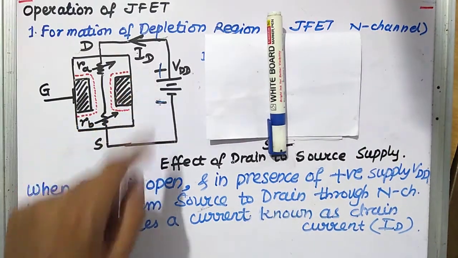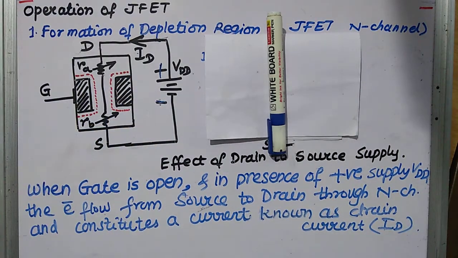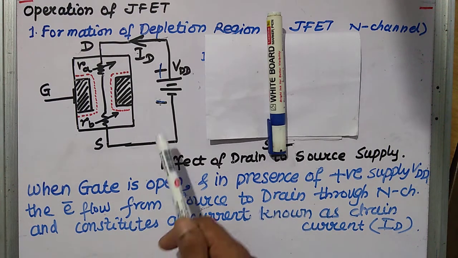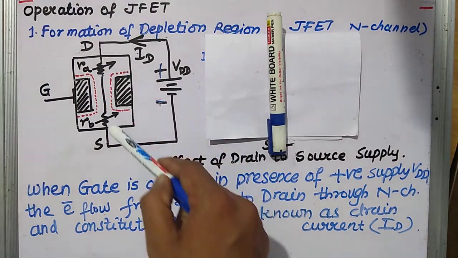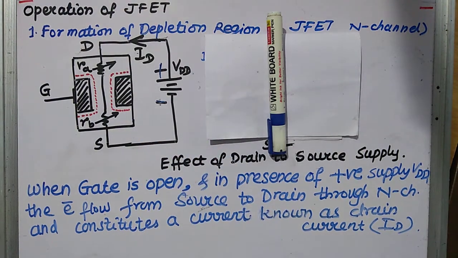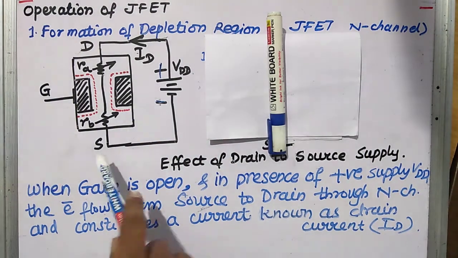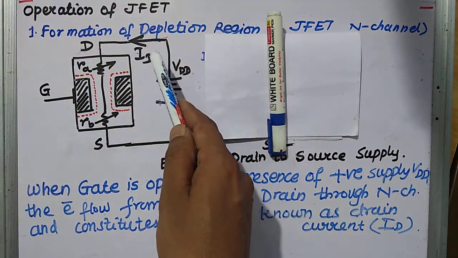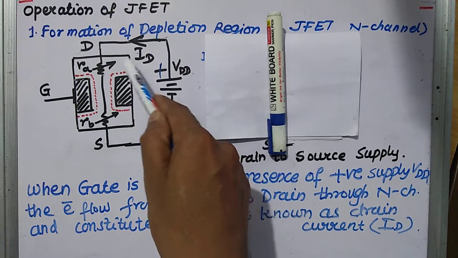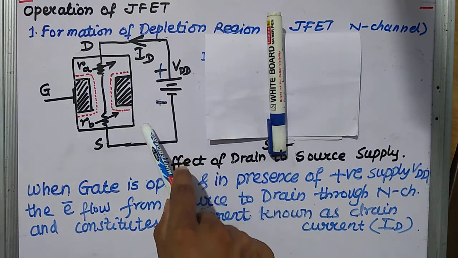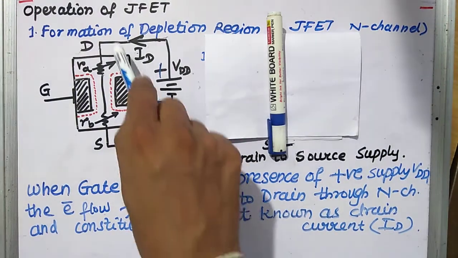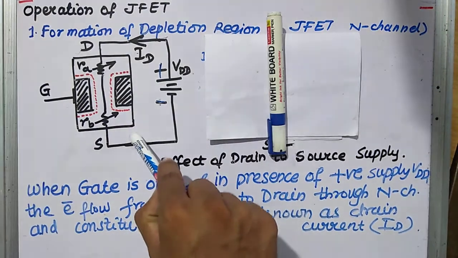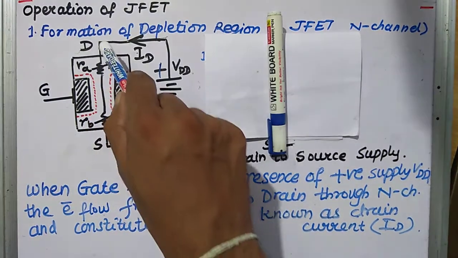And this current is nothing but the flow of electrons. Actually, the electrons are flowing from source to drain, but the conventional direction is shown from the positive terminal of the battery to the negative terminal of the battery. So the direction of drain current is from drain to source, but actually the current is flowing from source to drain.